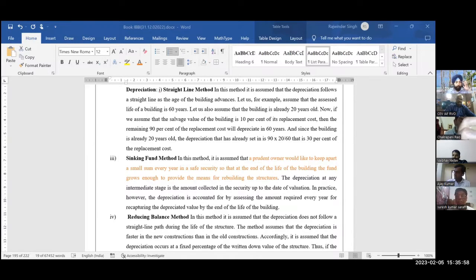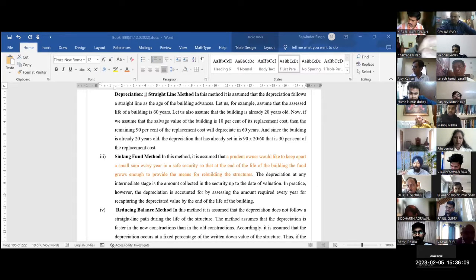We have discussed this in yesterday's lecture and in the previous week's lecture. How will you know that this much amount is to be deposited? If you have to get 1 rupee as sinking fund, then how much amount do you have to deposit in the bank?